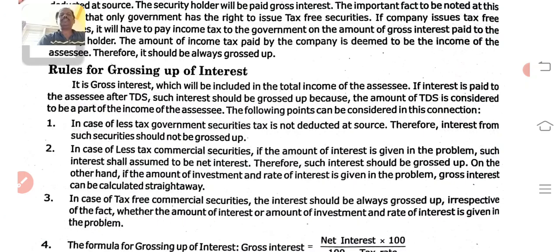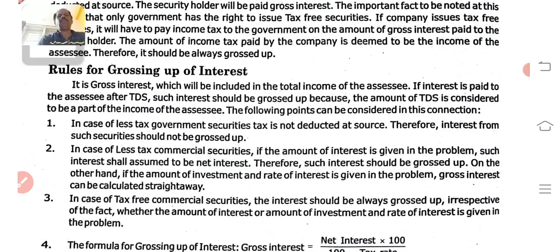It is gross interest which will be included in the total income of the assessee. If interest is paid to the assessee after TDS, such interest should be grossed up because the amount of TDS is considered to be part of the income of the assessee.